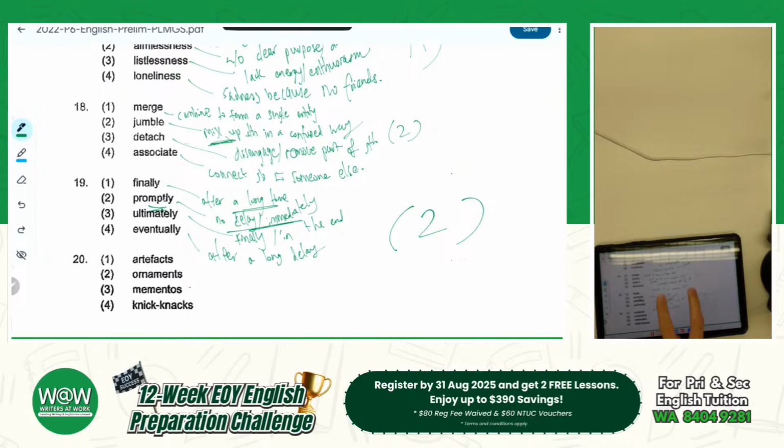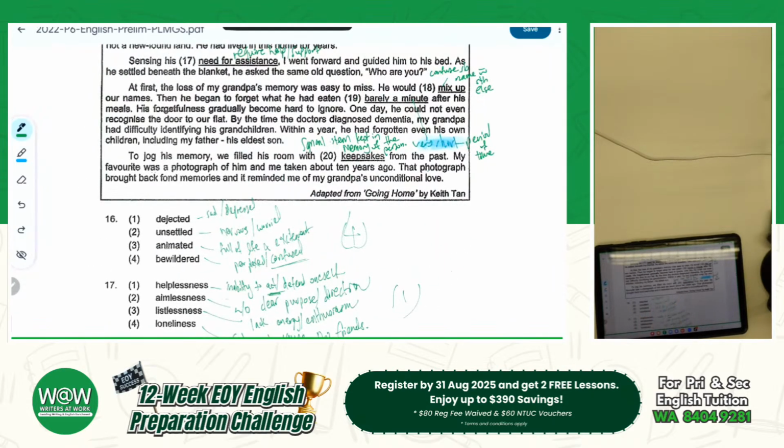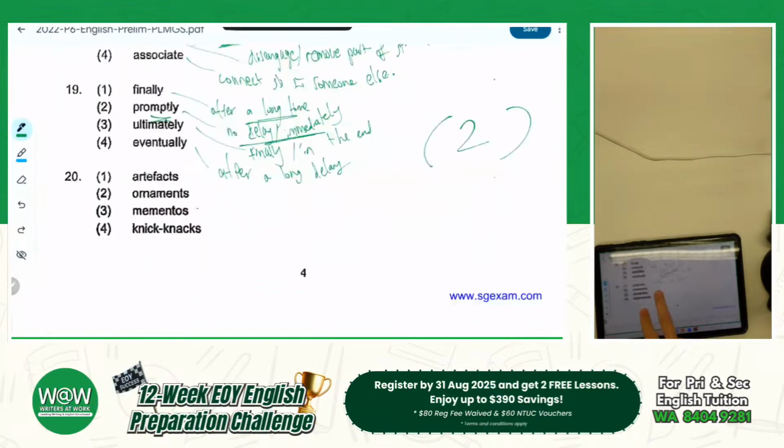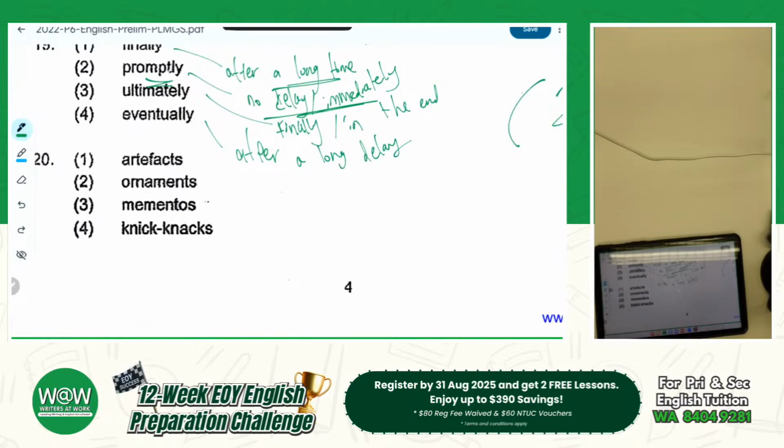Then the last one we have is keepsakes. Keepsakes are basically small items that you keep in memory of a person. This one is more tricky because you can see that all 4 options actually suggest something that can be held in your hand, some kind of object of the past, right?